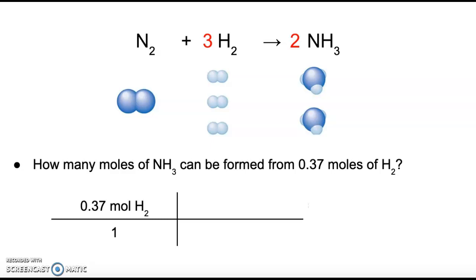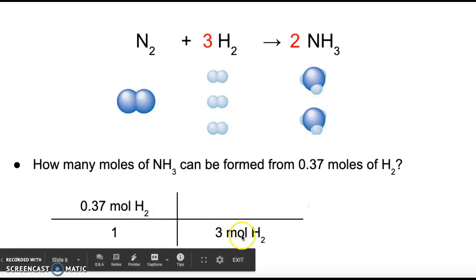Now, in my next set of boxes, I want to cancel out moles of hydrogen and introduce moles of ammonia. So I'm going to use my coefficients in my balanced equation, again, as a way to set up that mole ratio. So I know that the ratio is 3 moles of hydrogen to 2 moles of ammonia. So I'm going to put 3 moles of hydrogen on the bottom to cancel out moles of hydrogen.